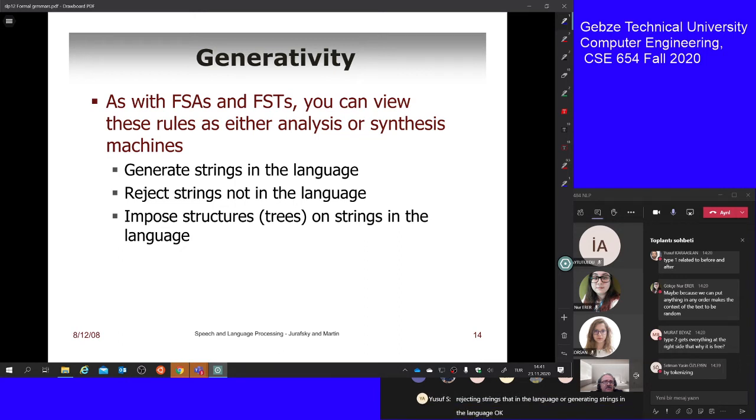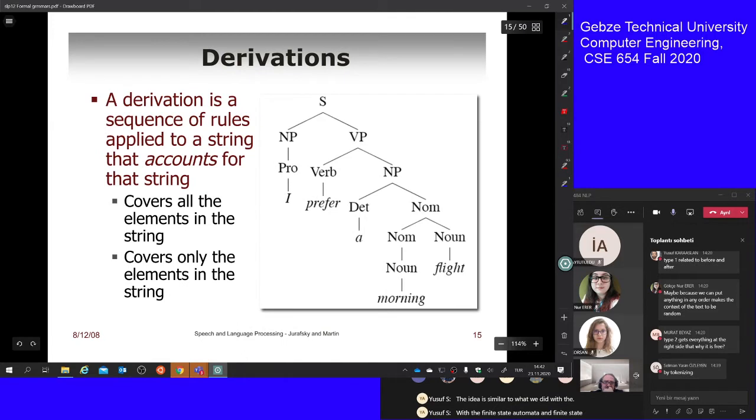So these are useful in both ways. The idea is similar to what we did with the finite state automata and finite state transducer. Here is a sample derivation of a sentence using these rules.